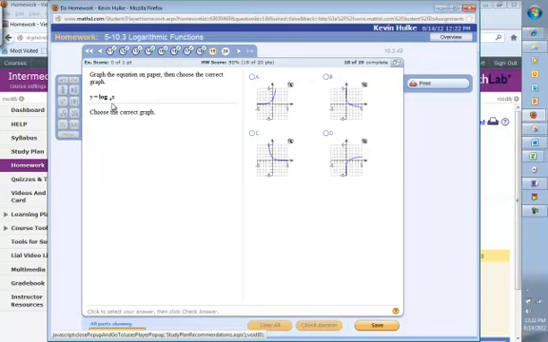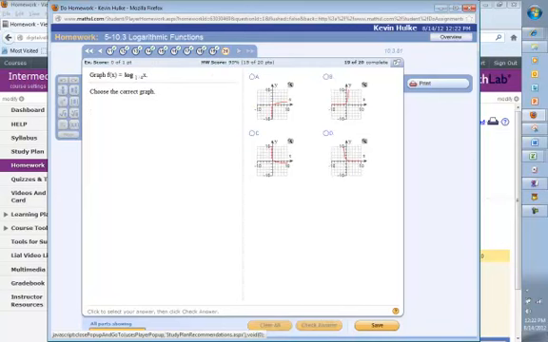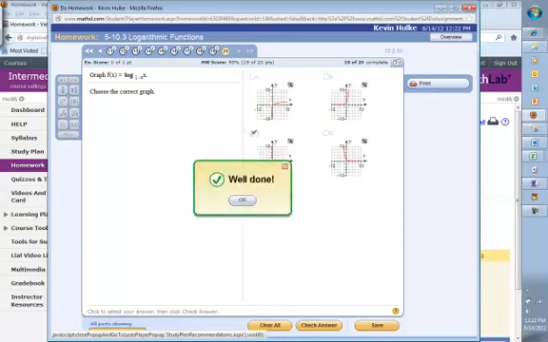This is log base 4, so it's going to go through 1, and it starts at y negative infinity and goes up from there. Number 20, now it's the log base 1/4. Since the base is less than 1, it's going to start at the axis positively and go down through that point.